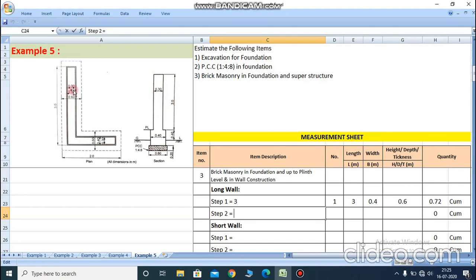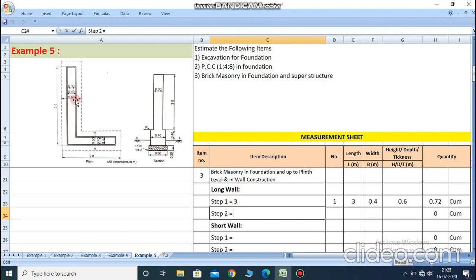So for the 0.3 meter width, we calculate length as 3 minus offset. Offset here is 0.05 and here 0.05. So how to find the offset 0.05? The difference between 0.4 and 0.3 is 0.1. So 0.1 is the total difference for both sides. So half side is 0.05 and this side is 0.05.